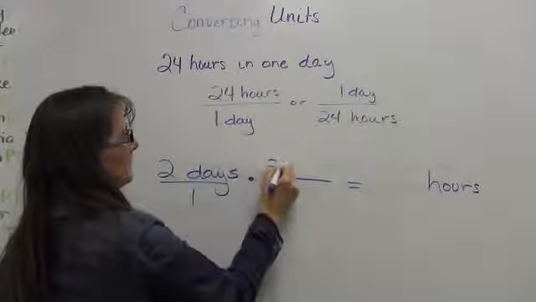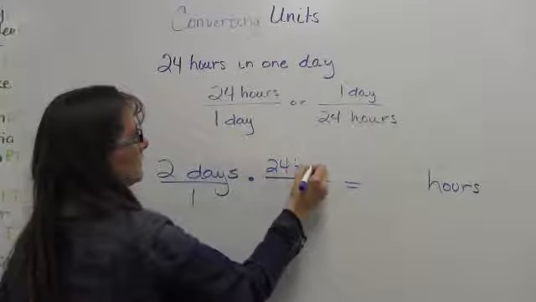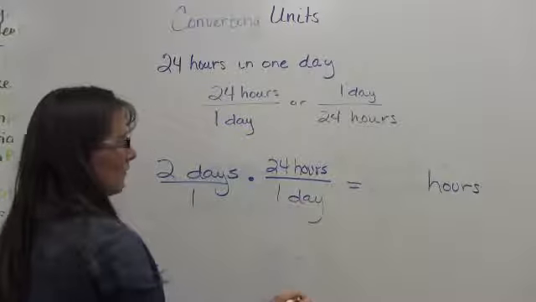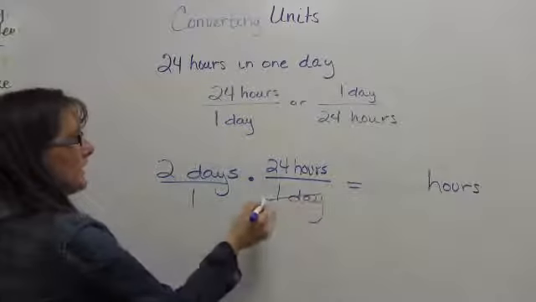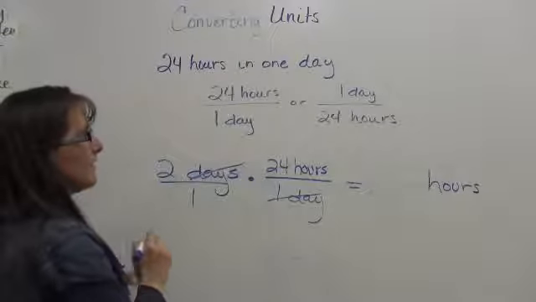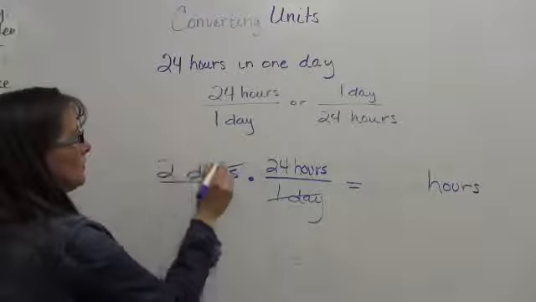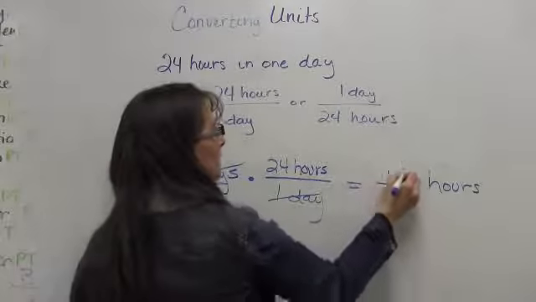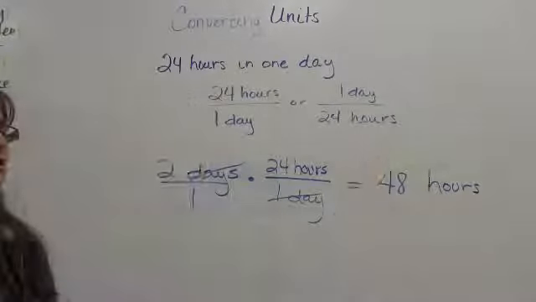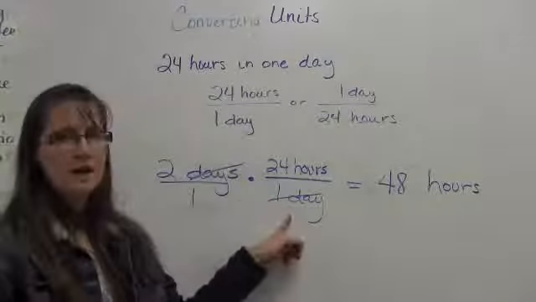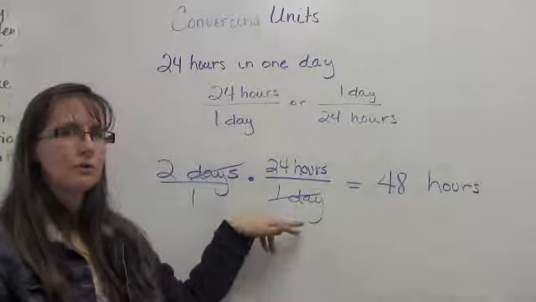So that means I'm going to put my 24 hours above my 1 day. What happens here is the word day and day cancel out. This leaves me with 2 times 24 hours, which happens to be 48 hours. You want to make sure that the unit you're trying to convert is in the denominator of the fraction you multiply it by.